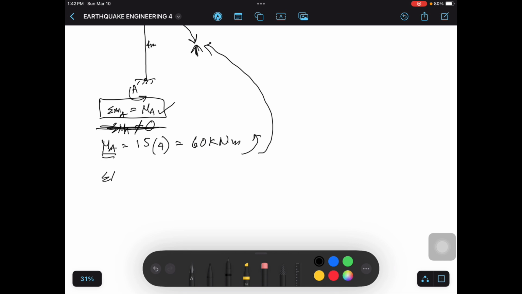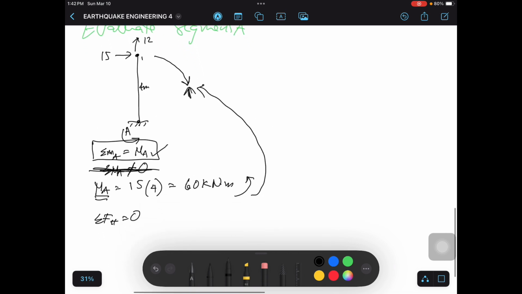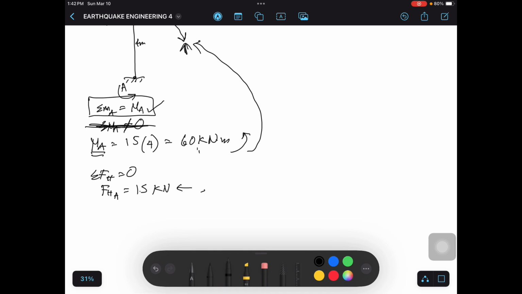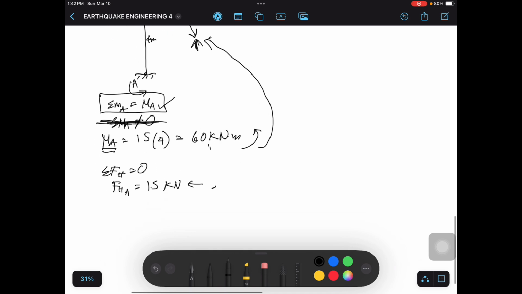Let's get summation of forces along horizontal equal to 0. Wala nang ibang horizontal. So, the horizontal force sa point A is equal to 15 kilonewton going to the left. Same sa moment, ika-counteract niya ito, kaya baliktad din ang kanyang direction.